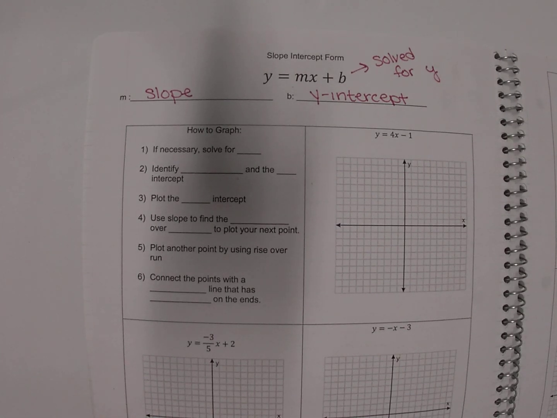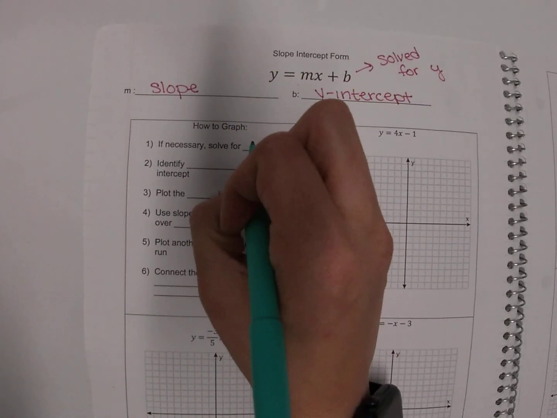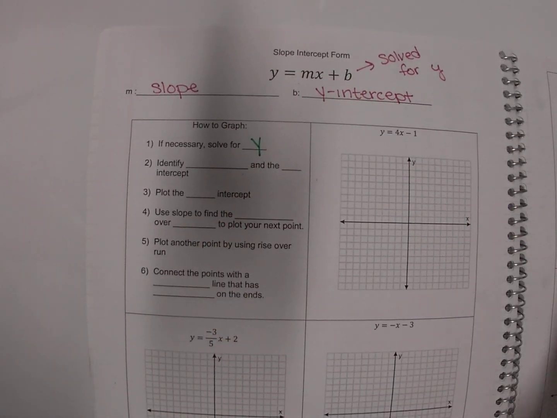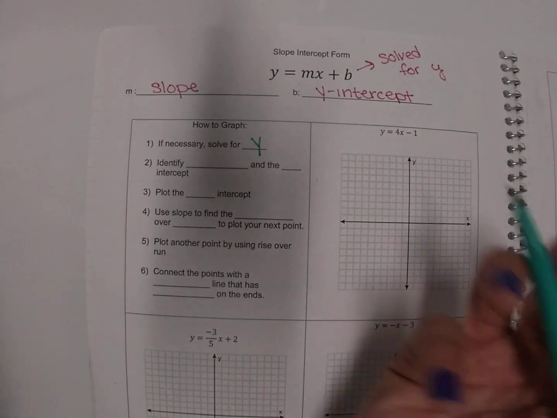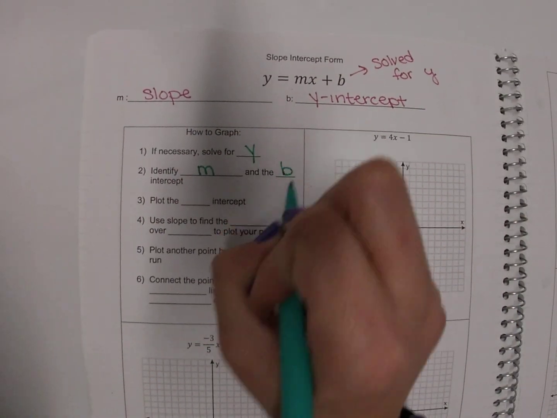Okay, so if we look at this and we want to graph in slope-intercept form, the first thing is we have to be in the right format. So we're going to have to solve it for y. If it's not solved for y, we're going to have to solve it for y. The second thing that we are going to have to do is find our m and our b.